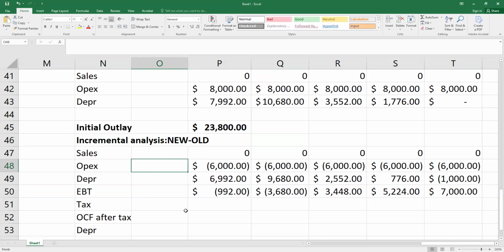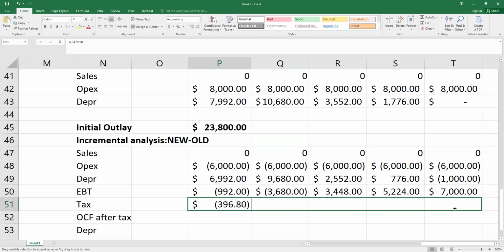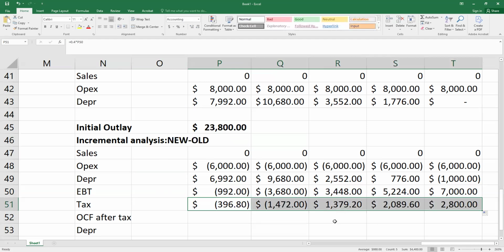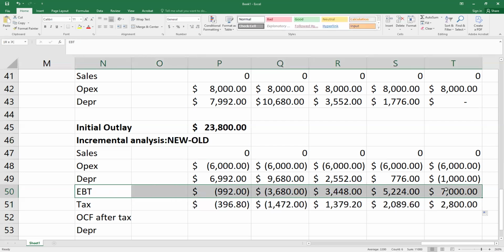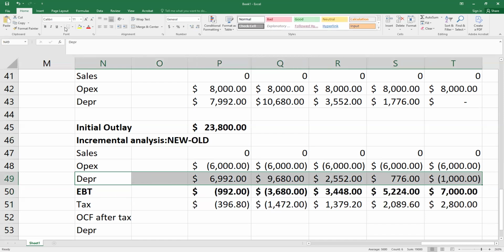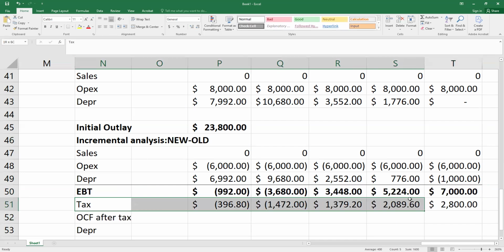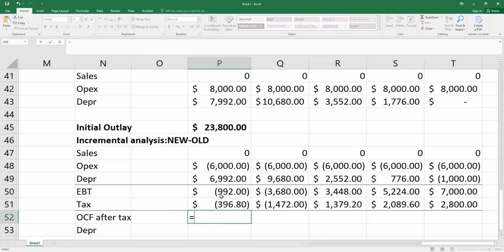And taxes is 40%. OCF after tax is basically this minus this.